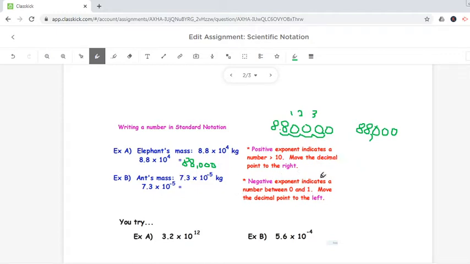So we're moving it this way now, to the left, because it's a negative exponent right here. So we'll write this 7.3 out here. Actually, I'm going to move it about right here. 7.3. Okay. And then 5 places to the left. So we got 1.